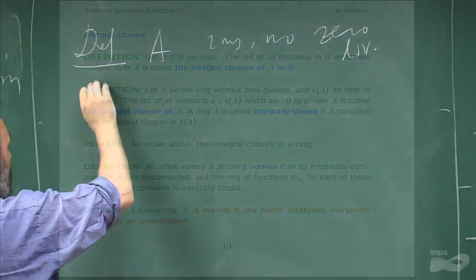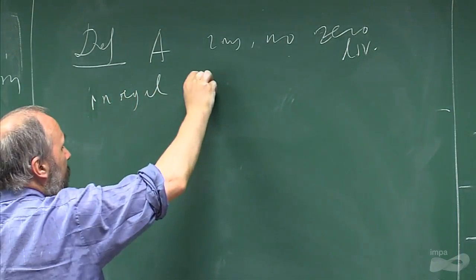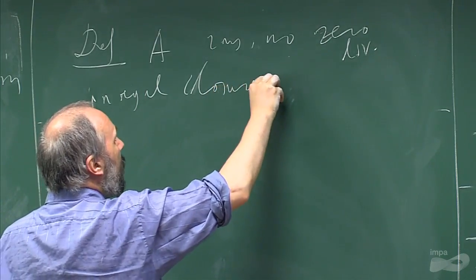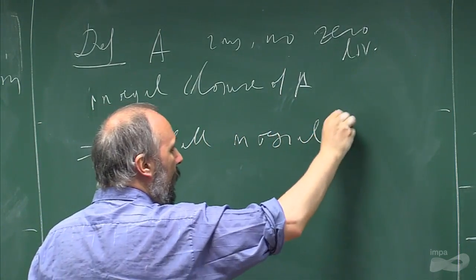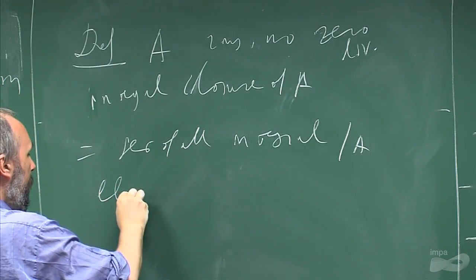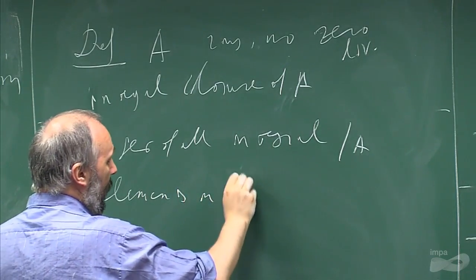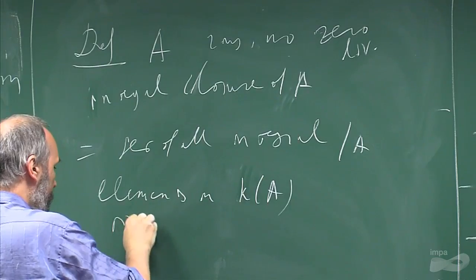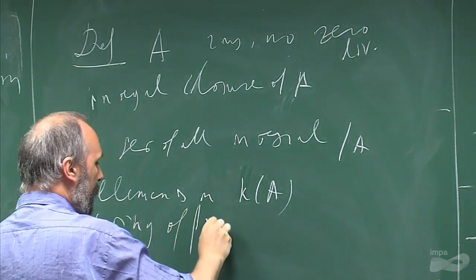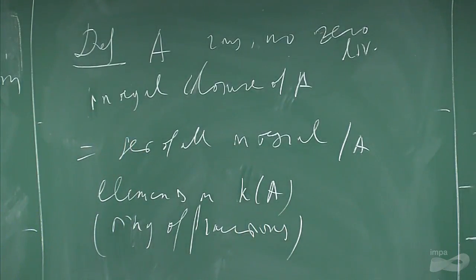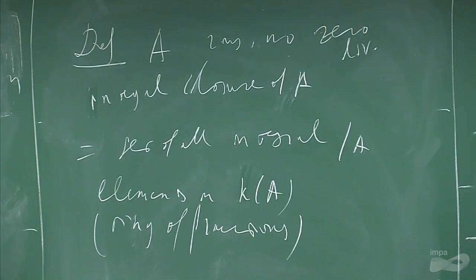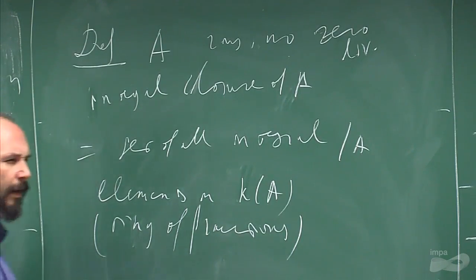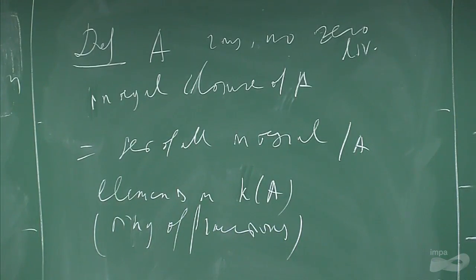Then the integral closure of A is the set of all integral over A elements in the ring of functions K(A).